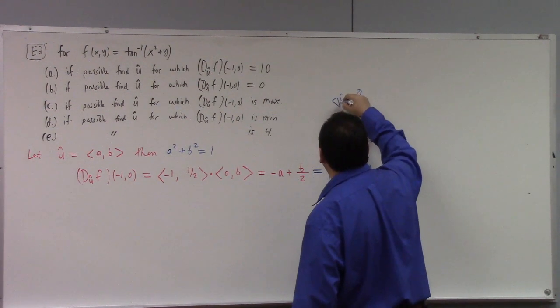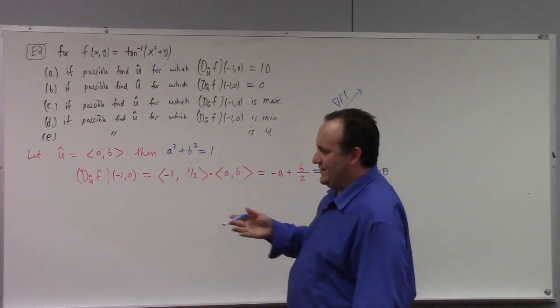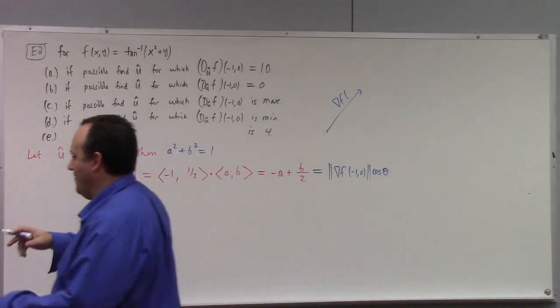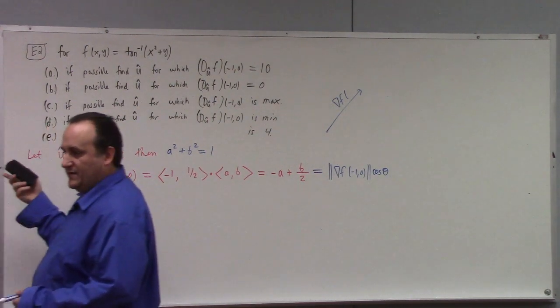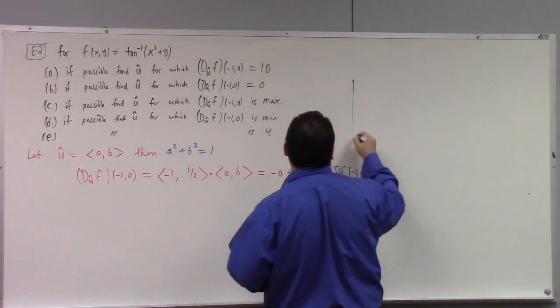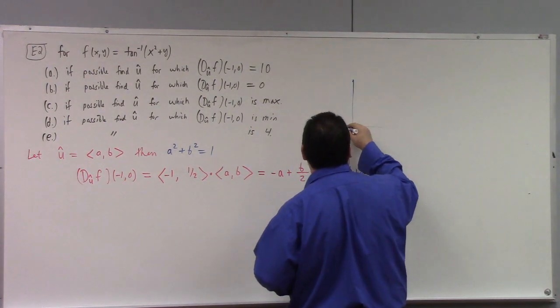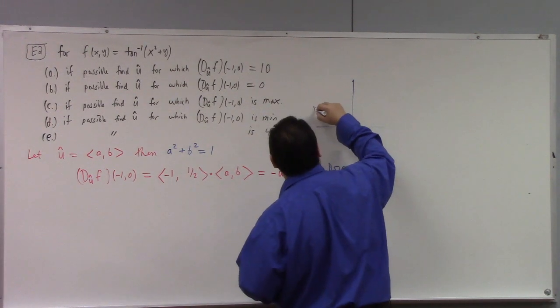So if this is the gradient vector of f at the point, I guess I could actually draw it properly. What direction does it go? This we can graph. Minus 1 goes minus 1 in the horizontal direction. So I'll draw a picture of what's going on here. We're minus 1 over and a half up, right? So it's something like this.